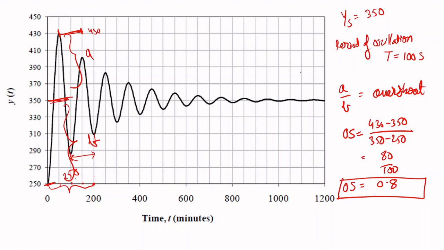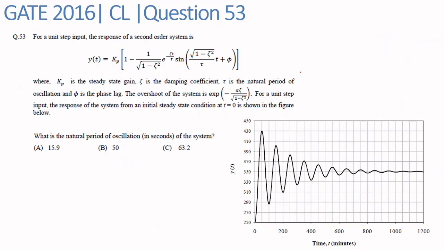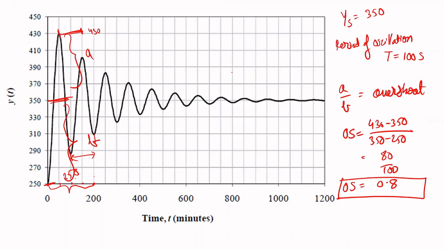And in the given question, we have to find the natural period of oscillation in seconds. So that is tau. We can get this natural period of oscillation by using the formula for the period of oscillation.